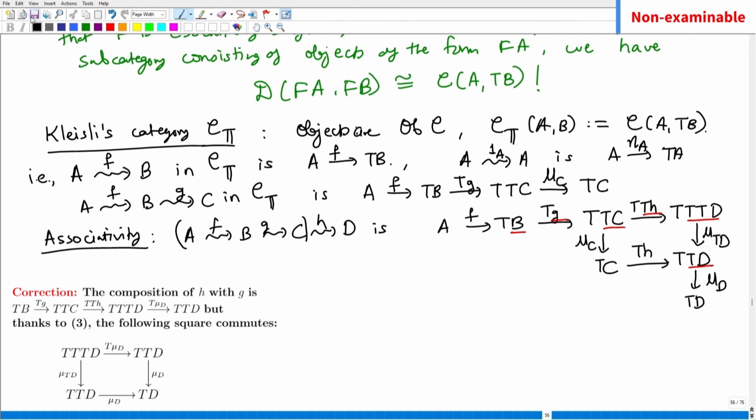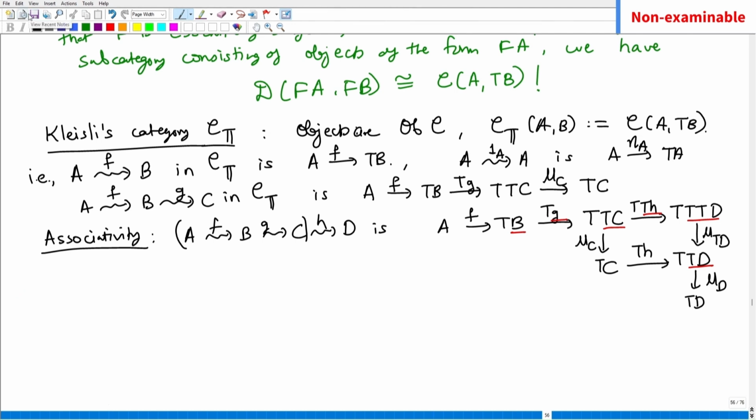Okay? Good. Identity, of course, we have to verify. So A to 1A and then F. Okay, what is this diagram?